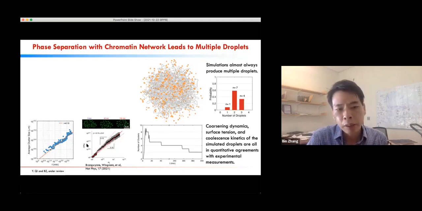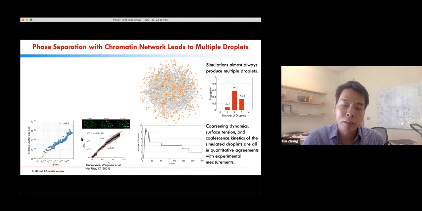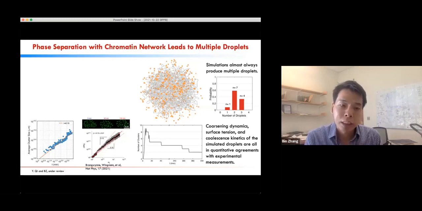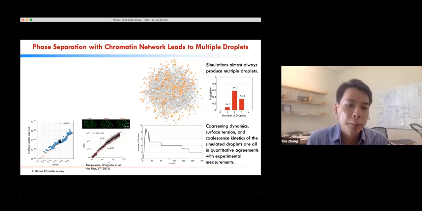They monitored the average size of the droplets as a function of time. You can see that there's a power law behavior of the size as a function of time, and this exponent is around 0.1. This exponent itself is kind of peculiar because it deviated from the canonical value, which is around 1/3. But our simulation was actually able to reproduce that very nicely.